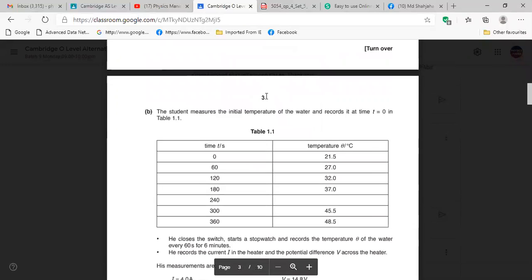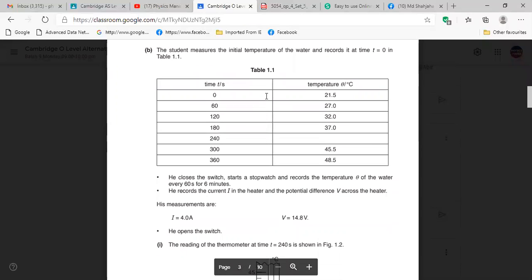Then next, continue. Tamjid: The student measures the initial temperature of the water and records it at time t equals 0 in table 1.1. A table is given. Then read the next part.